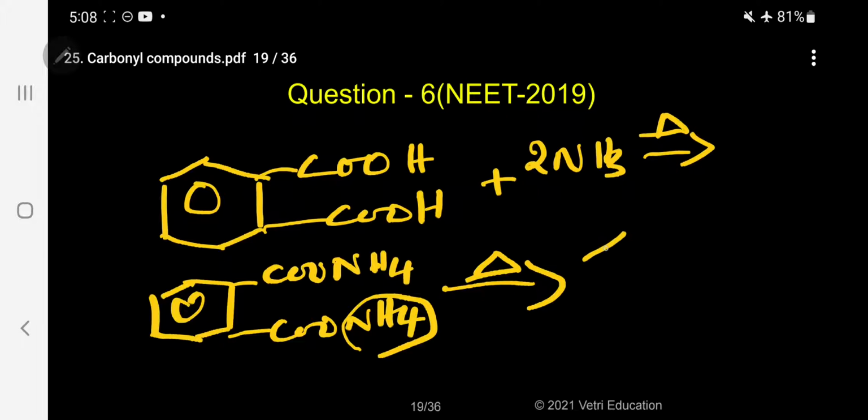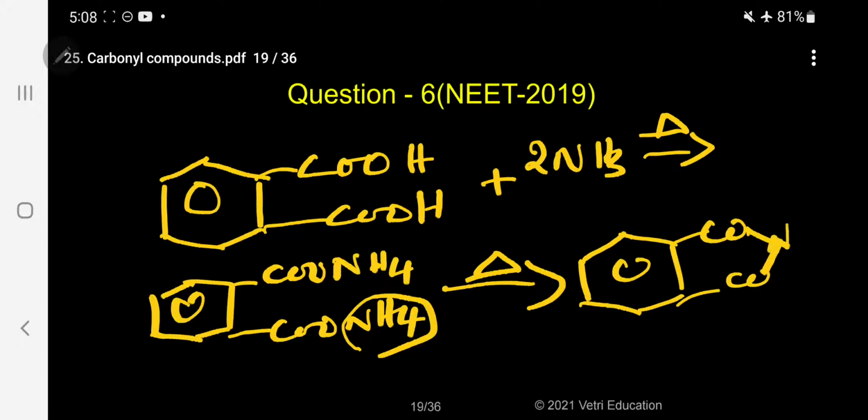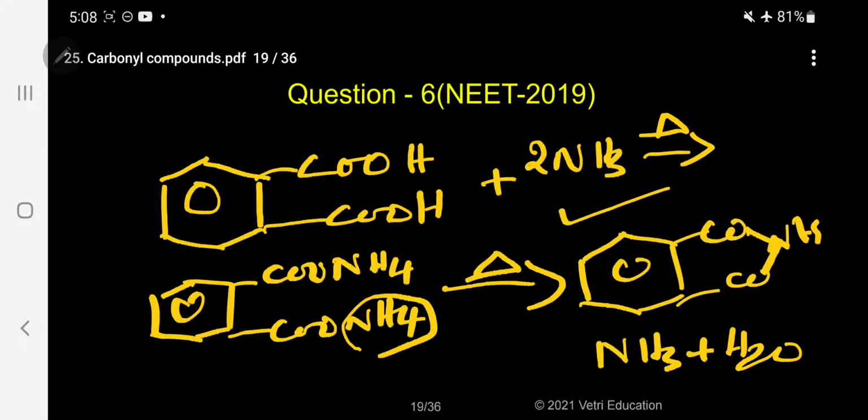So in what way is the product now produced? The product is giving now CO, CO, NH. It is phthalimide plus ammonia plus water. This is the actual reaction mechanism. So in the product, this would be the correct answer. Phthalimide is formed.